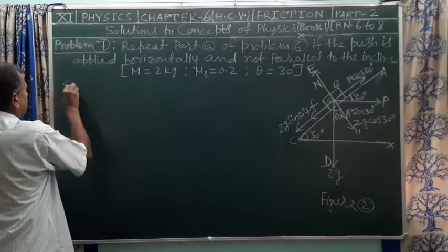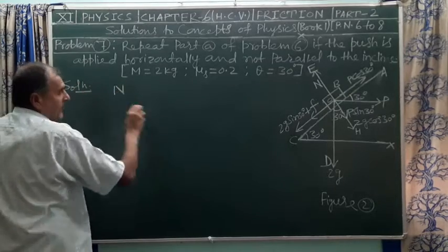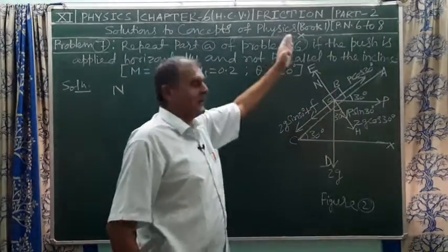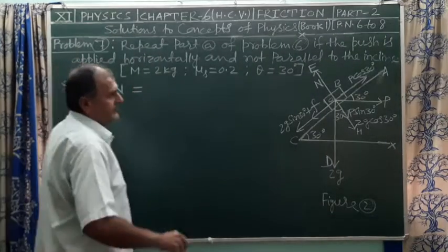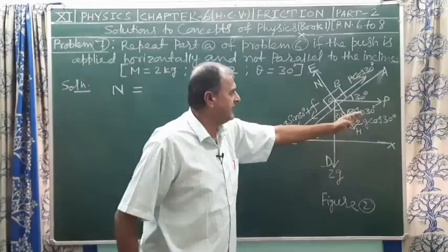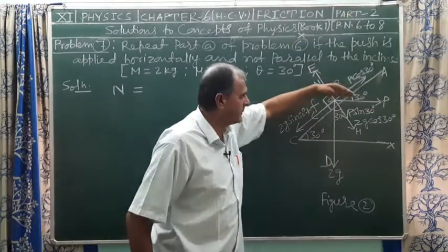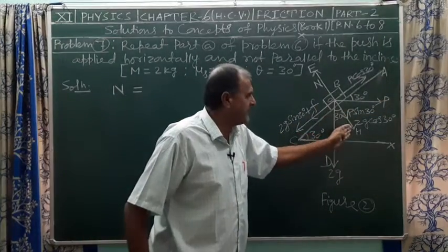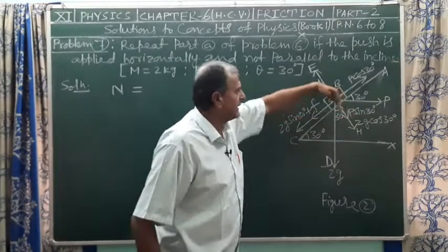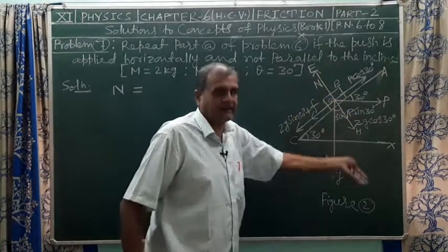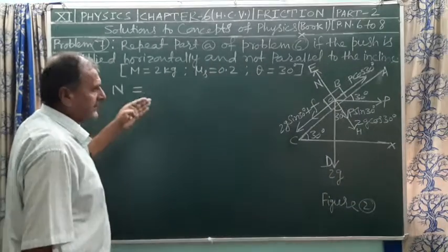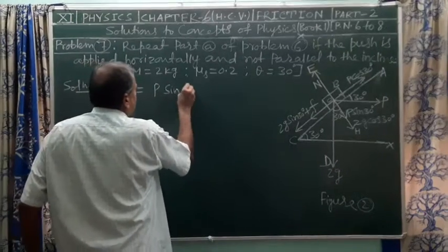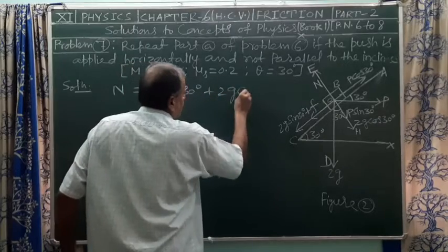So we have the normal reaction in this case, for the vertical equilibrium of the block on the rough inclined plane AC. The normal reaction N of the inclined plane will balance the sum of two forces, that is P sin 30, the vertical component of the horizontal force P given in this problem, which acts against the normal reaction along with 2g cos 30 in the direction perpendicular to the inclined plane. So the normal reaction of the inclined plane will balance the sum of two forces for the vertical equilibrium of the block: N equals P sin 30 degree plus 2g cos 30.